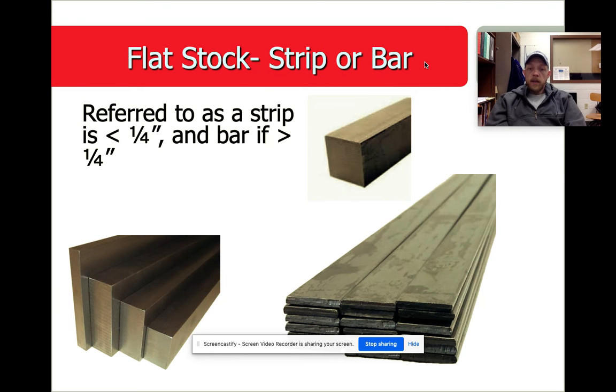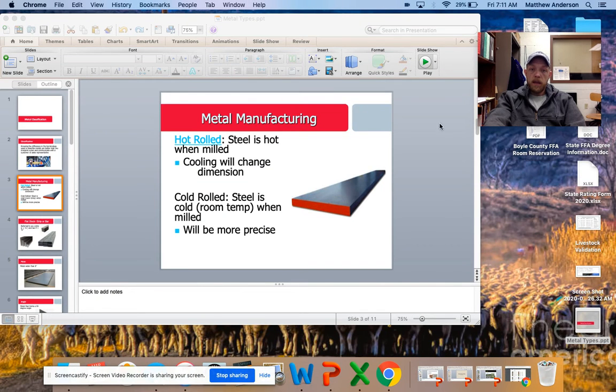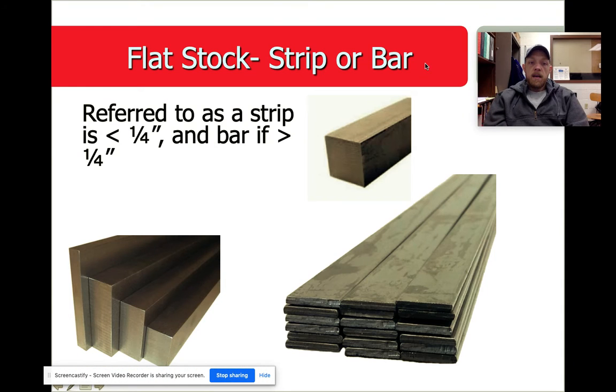Okay, so when we talk about classifications, the first thing, and the most common, is what we call flat stock. And flat stock can be referred to as a strip or a bar. Let me get that out of the way. So a strip is just a long piece of metal that's cut into a strip, and it's less than a quarter of an inch.